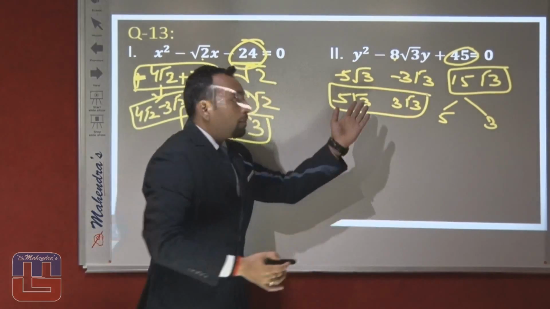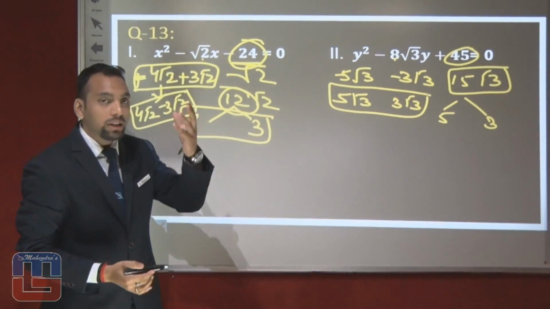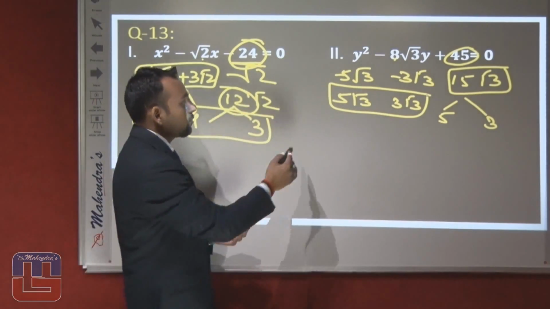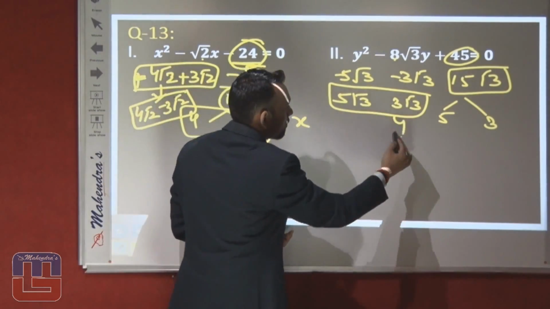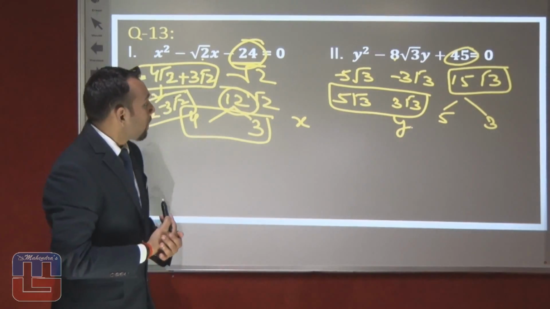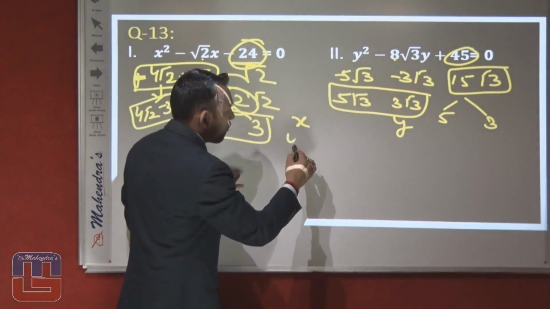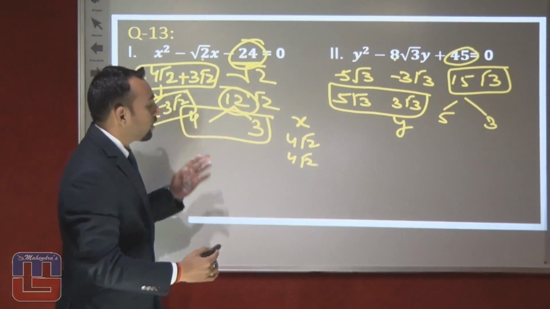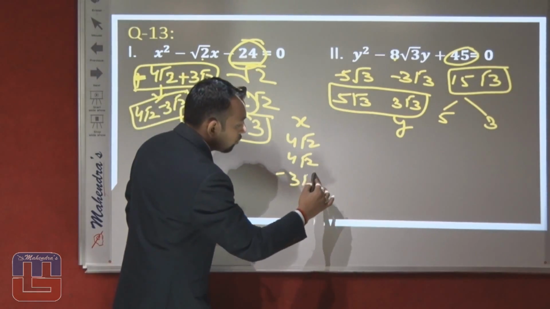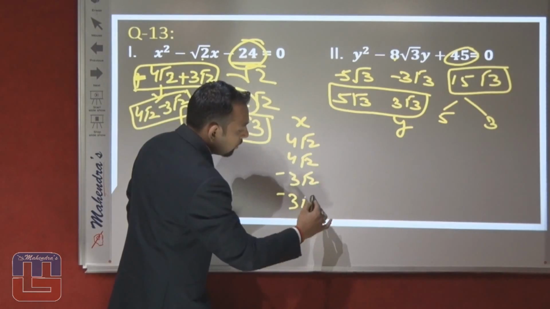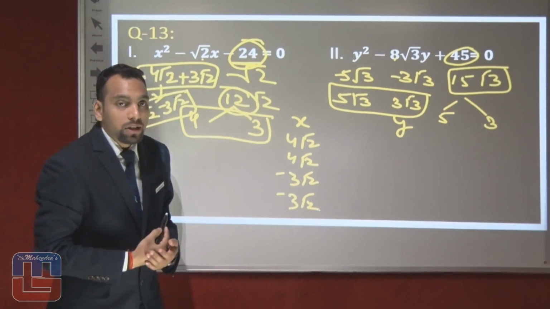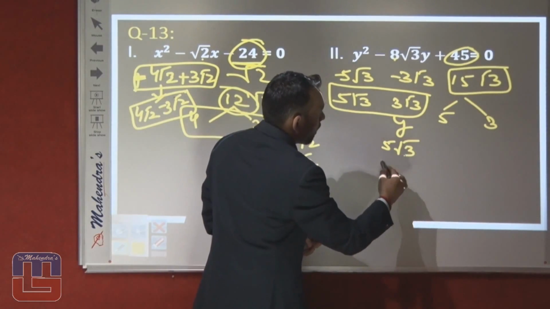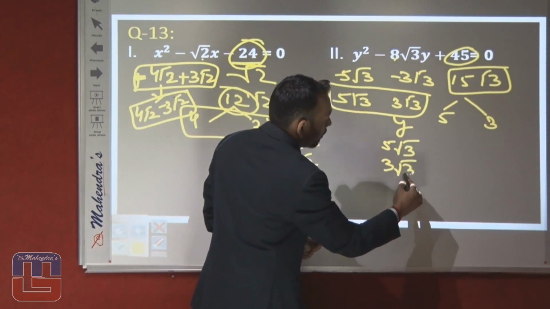So directly you can compare this one with this one and draw a conclusion, or you can make a chart as well. Now see, this is x and this is y. The value of x is 4 root 2 and minus 3 root 2, and the value of y is 5 root 3 and 3 root 3.